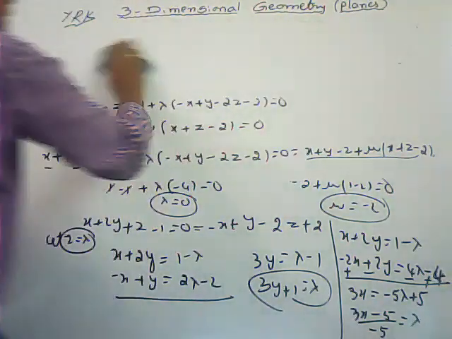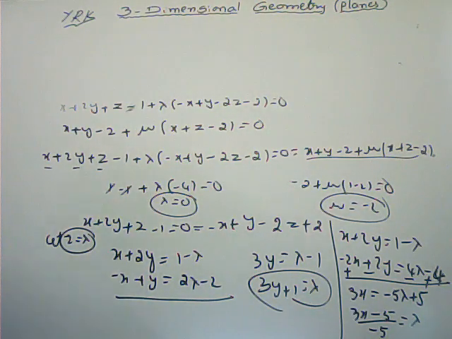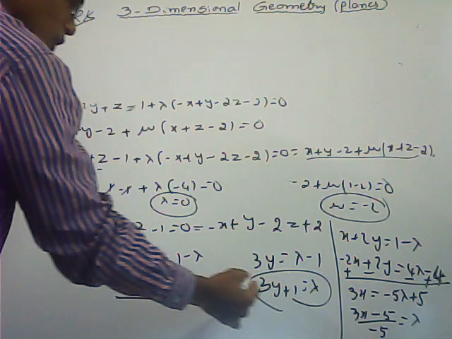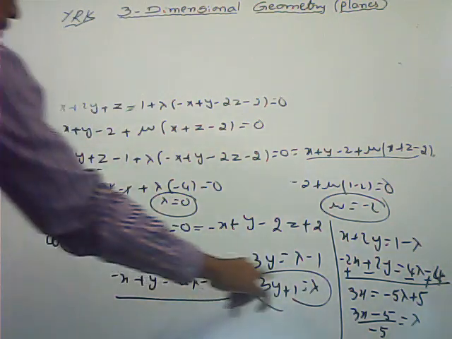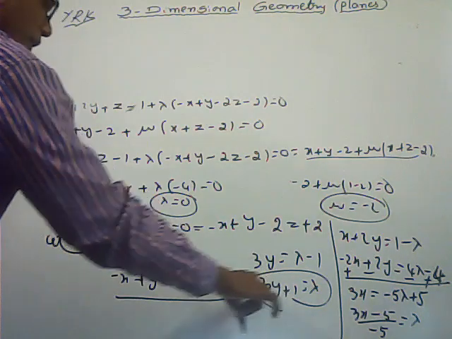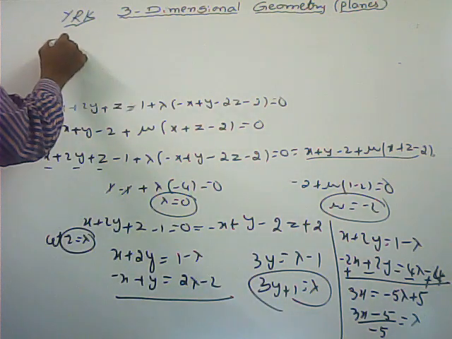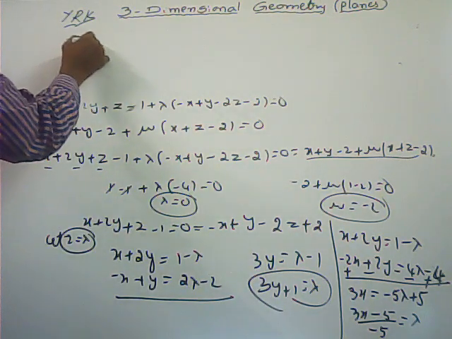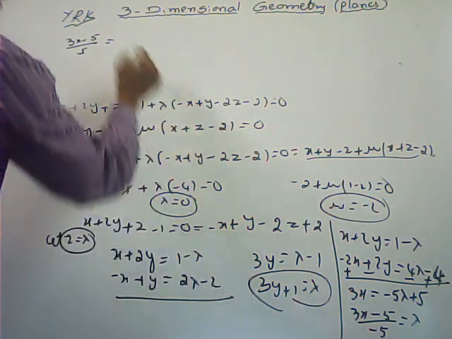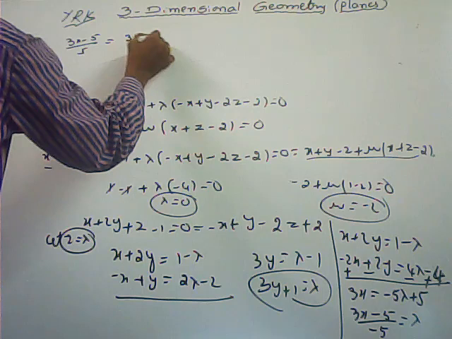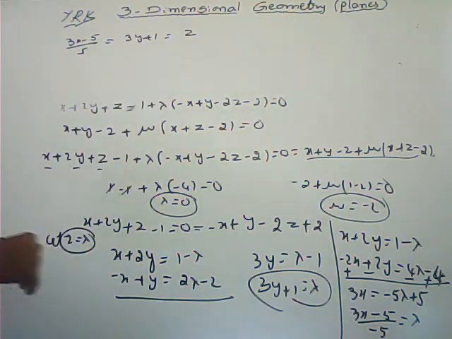Now we are getting the line passing through the point. Here, what x value did I get? Here all are in lambda only, z equals lambda I have taken. So (3x minus 5) by 5 is equal to lambda, which is equal to 3y plus 1, which is equal to z. All are equal to lambda.